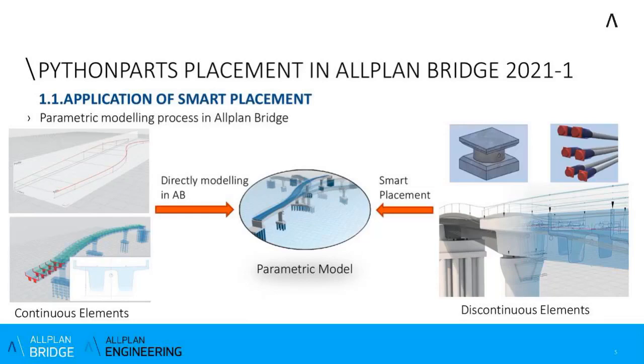The first group is the continuous elements like girder, box girder, pier or foundation, as you can see on the left.